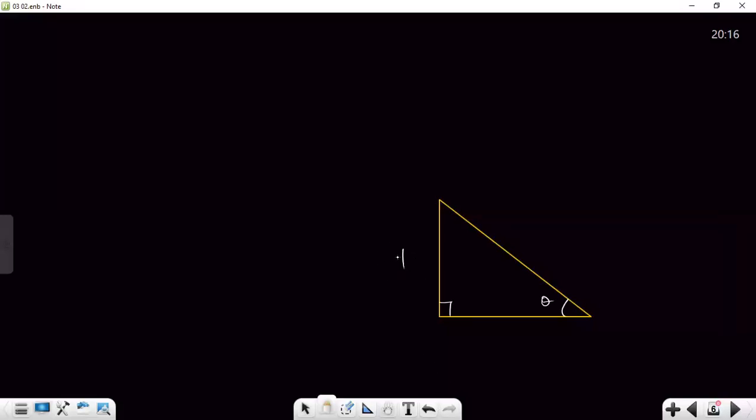This is perpendicular, isn't it? This is base, hypotenuse. So simply we have to understand one thing: perpendicular upon base is tan theta, and base upon perpendicular is cot theta.